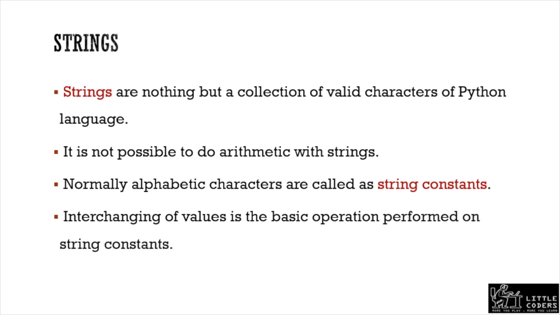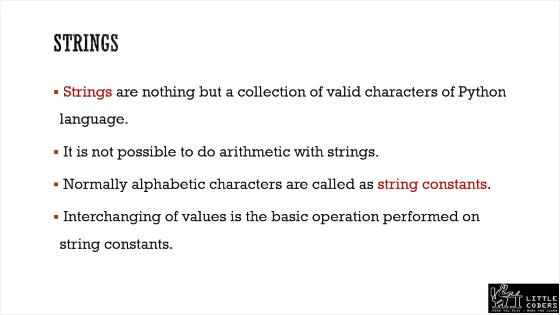Once you define a variable to have the value as a string, then it is not possible to do arithmetic with the strings. Now, these alphabetic characters, A to Z, both uppercase and lowercase, are called string constants. Here, one of the most common operations that can be performed is interchanging the values of one string to another string.